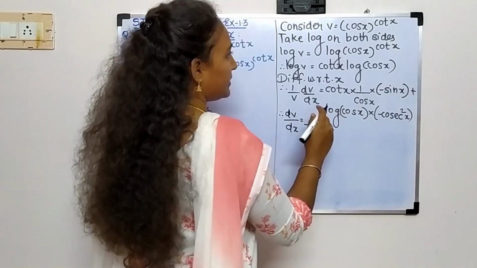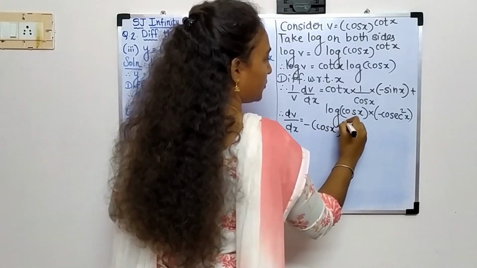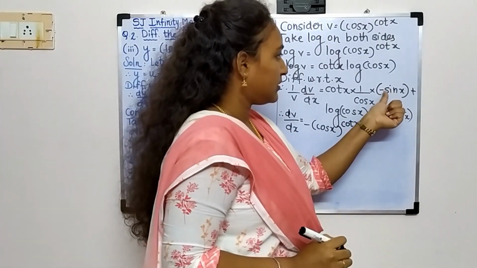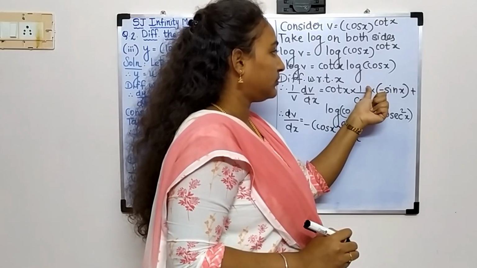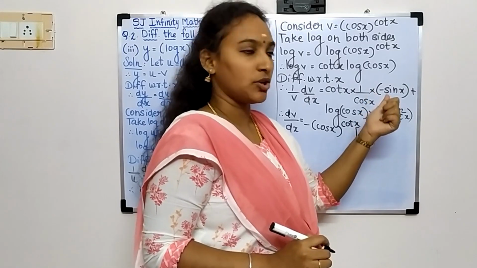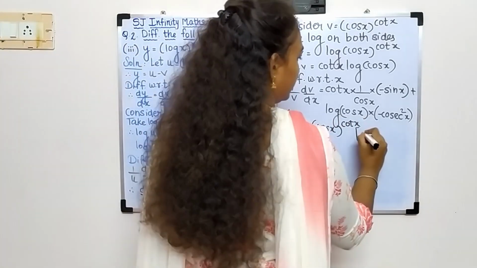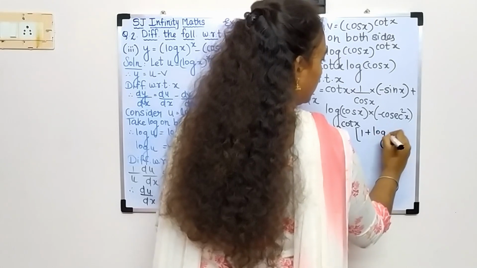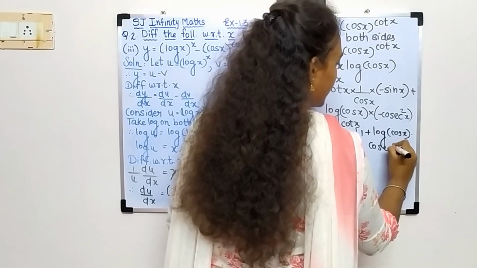So it becomes minus cos x raised to cot x in bracket. See, sin upon cos is tan. When we take the reciprocal of tan, it becomes cot. So cot and cot get cancelled. So this is 1 plus log of cos x multiplied with cosec square x.